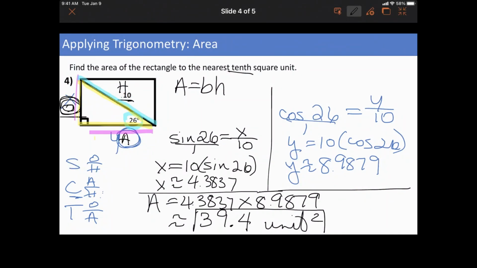So we're looking for the area. That's what it's asking for, but we use trig to find the base and the height.